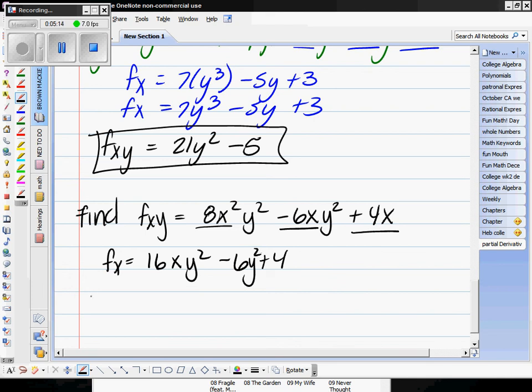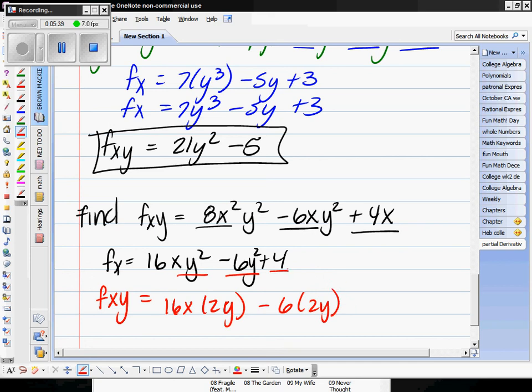We can't combine any terms, so now we move to the next step, which is to find the derivative with respect to y. The derivative of y squared is 2y, and the derivative of 6y squared would be 2y again.